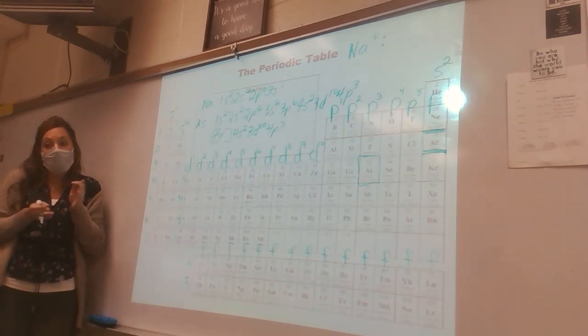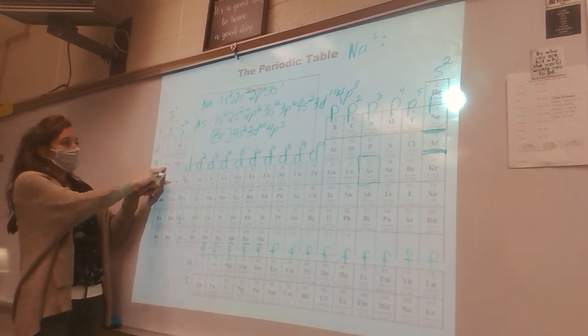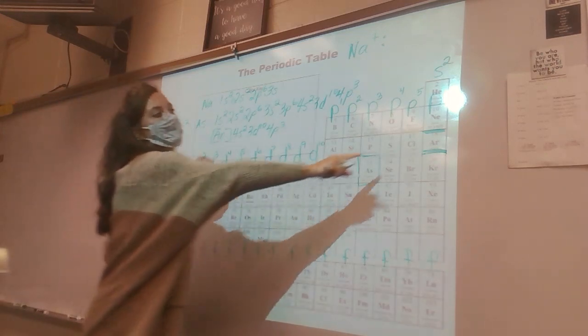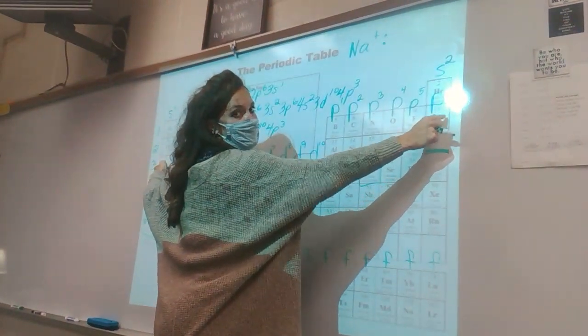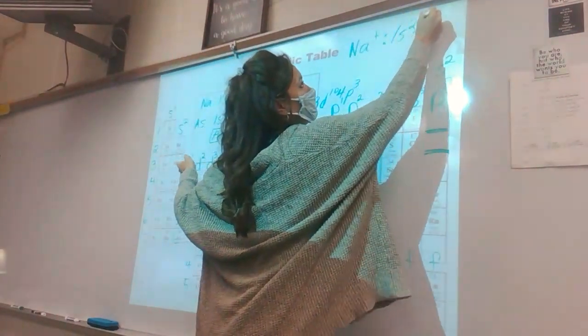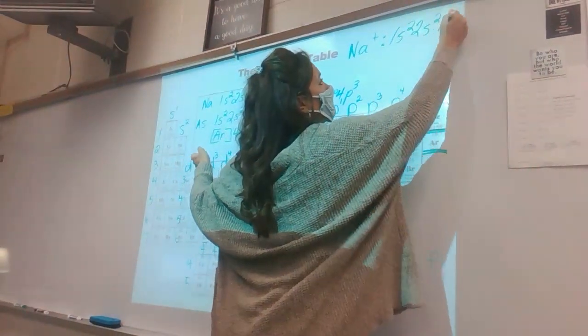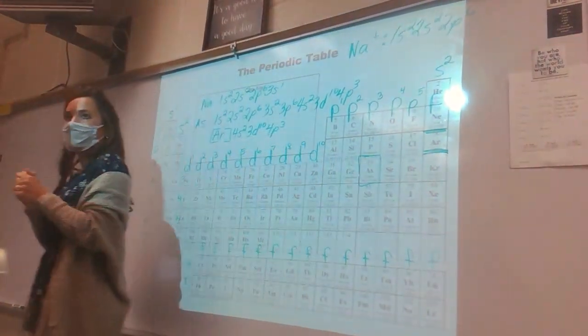It's got one more proton than electrons. So if sodium loses an electron, now it has 10 electrons, and it's the same as neon. So 1s2, 2s2, 2p6 is the electron configuration for sodium plus.